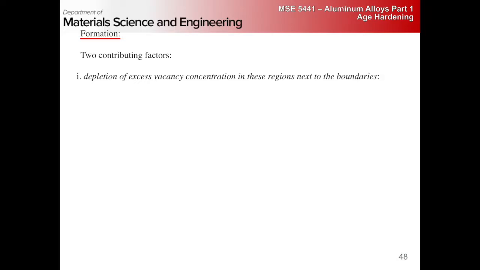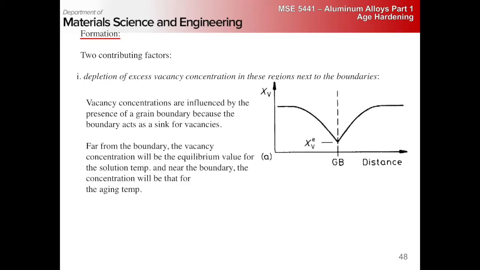The first is, we had mentioned several times that we need an excess vacancy concentration above some critical value for nucleation to occur. But grain boundaries are one of the best sinks for vacancies, so those vacancies can easily diffuse out in regions near the grain boundaries.